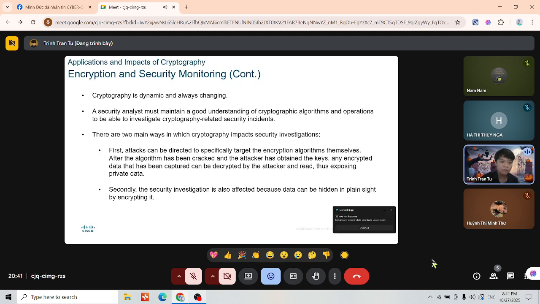Two, investigators are impacted, because encrypted data hides traces and makes incident forensics more complex. Therefore, cybersecurity professionals must deeply understand cryptography, keep up to date, and stay adaptable in the evolving world of digital security.